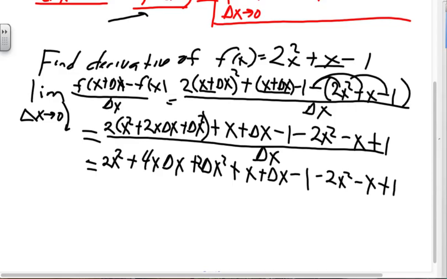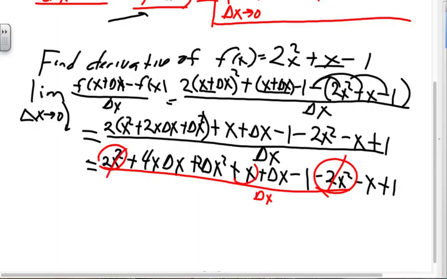So now I look for terms that can cancel out, and we always look first for the terms without delta x. Oh yeah, and all of this obviously is over delta x. So I've got a 2x squared, and sure enough, I've got a negative 2x squared. They go away. That won't.